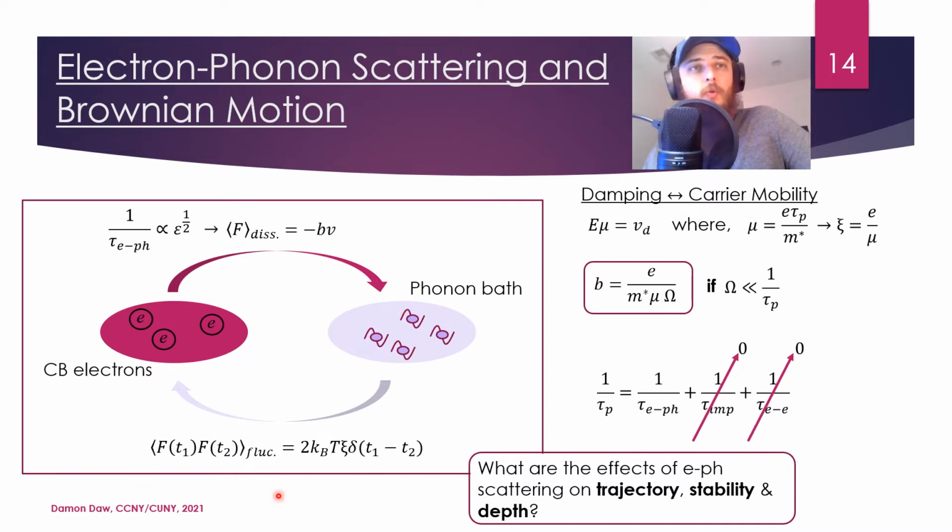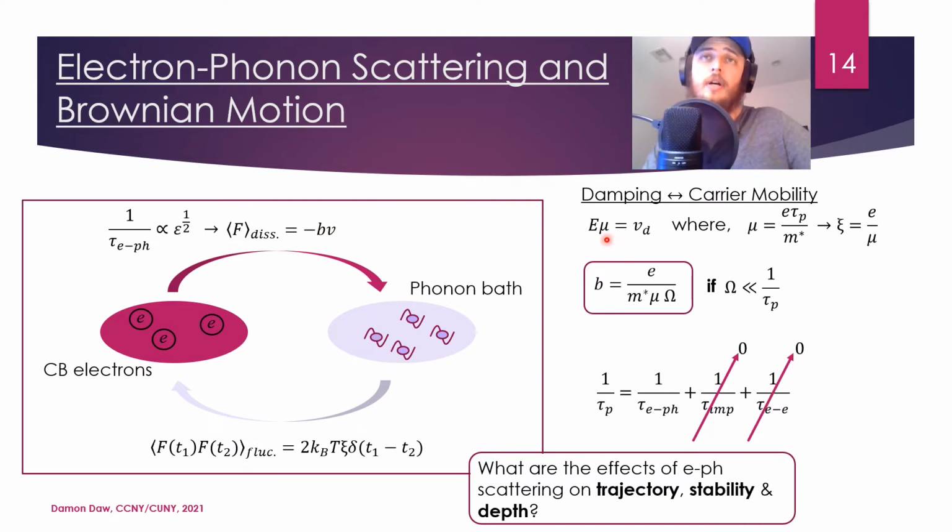And then going the other way, there are statistical fluctuations in the phonon bath that can put energy back into the carriers. And this is exactly the type of picture that describes Brownian motion. And there's a very convenient way to numerically quantify this damping that's described by this dissipative force term, and it's called the mobility.